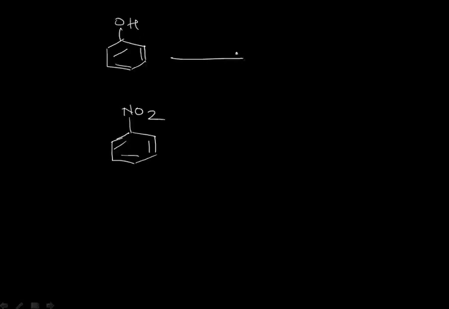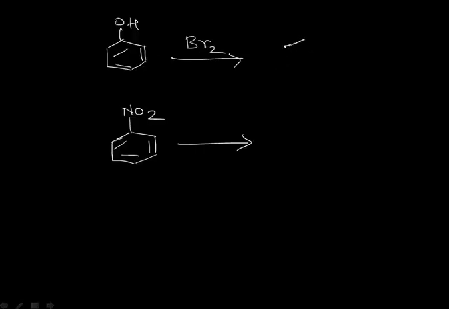Another example we take is aromatic electrophilic substitution on phenol and nitrobenzene. Let us take an example of bromination, that is, substitution of Br2 on this aromatic ring.